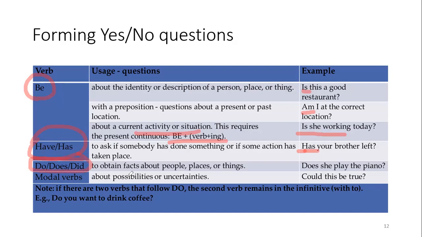Right? And then modal verbs. Using modal verbs, how you can form yes, no questions. Now here, what are the modal verbs that you know? Tell me some examples. I'll just write them down. Tell me examples for modal verbs. Okay, I'll write them here.